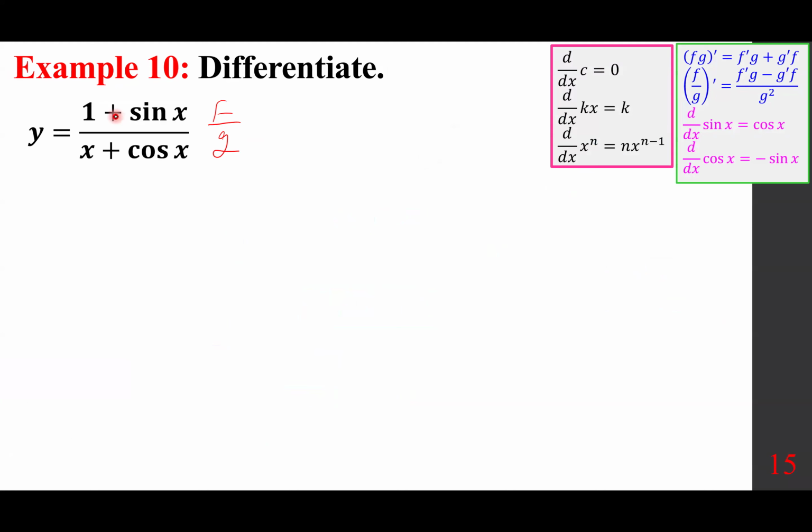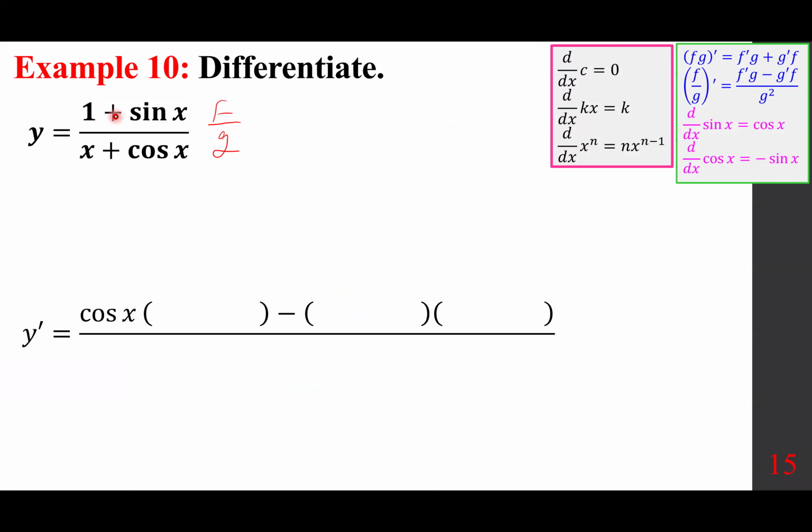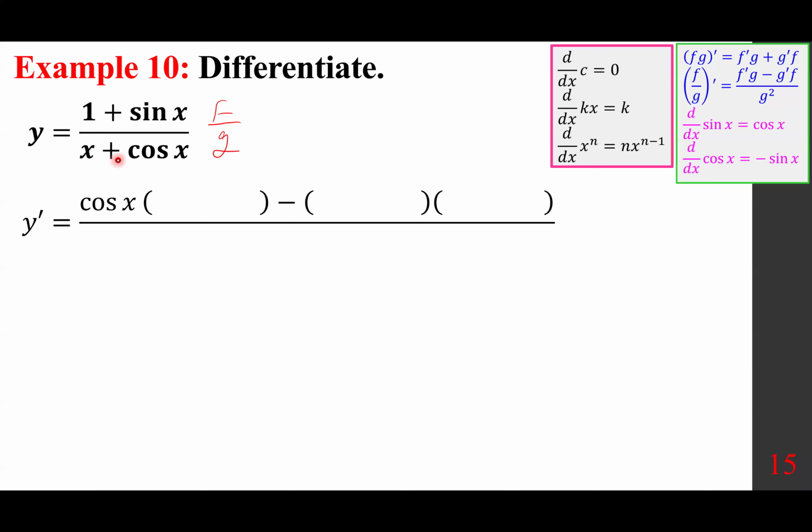So f prime, the derivative of the top is just cosine, times g, which is x plus cosine x, minus g prime, the derivative of the bottom is 1 minus sine x, and times the top, 1 plus sine x. And I just write the denominator in parentheses and square. That's all there is to it.